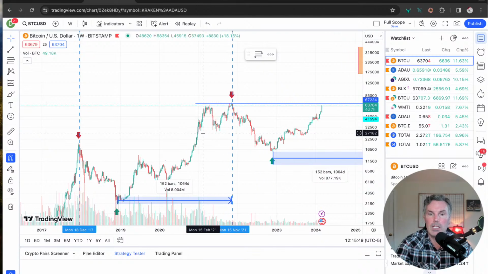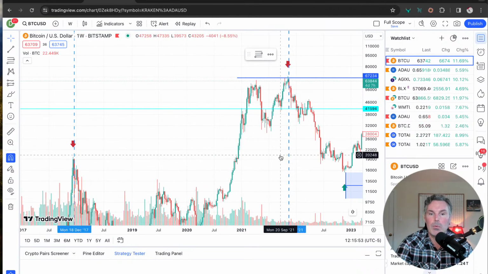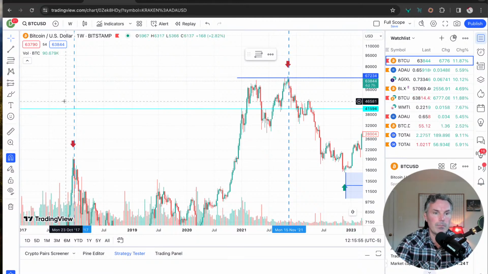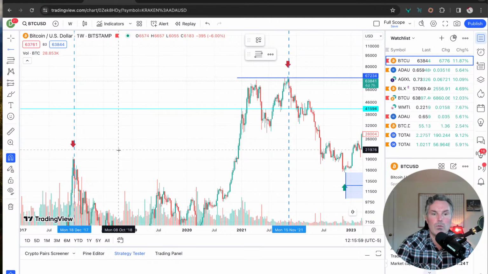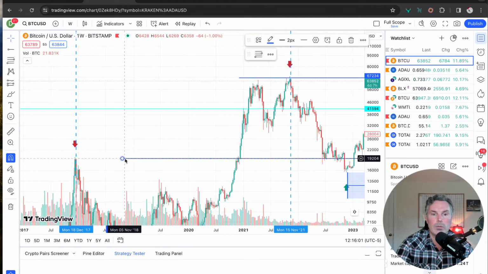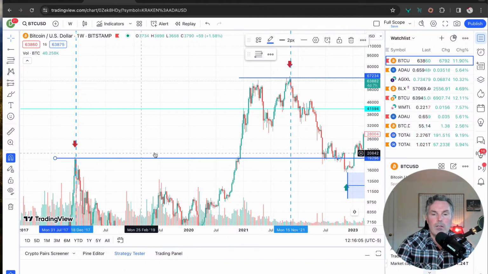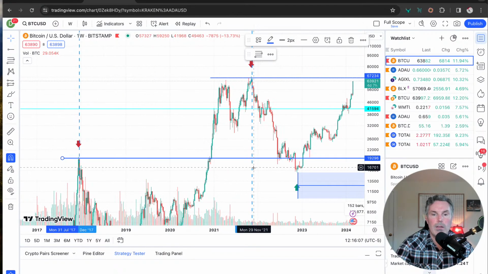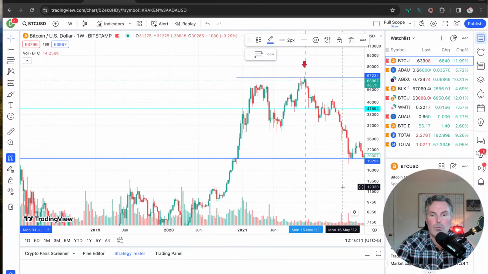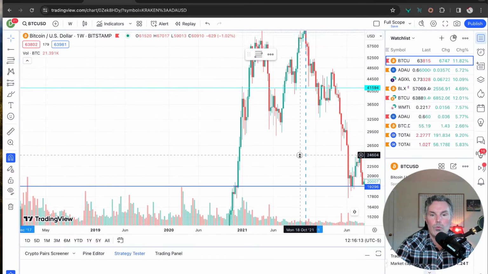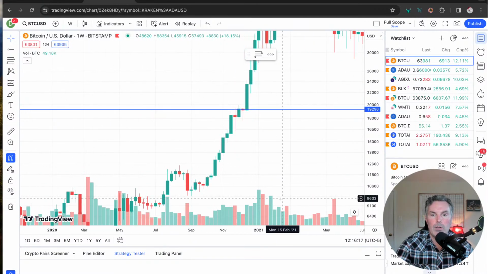As you can see here, if we zoom in to when Bitcoin breached its previous all-time high, I will bring a horizontal ray here that will show when that was the case. See exactly the month if we can splice it out for y'all.